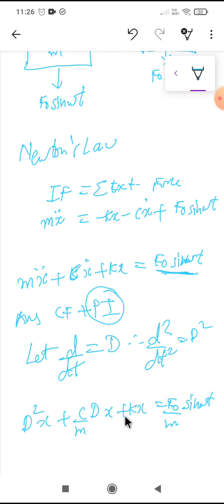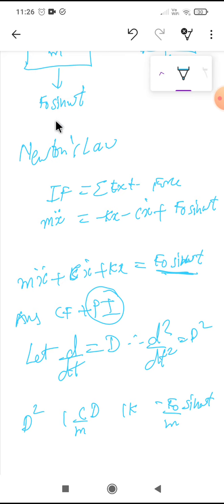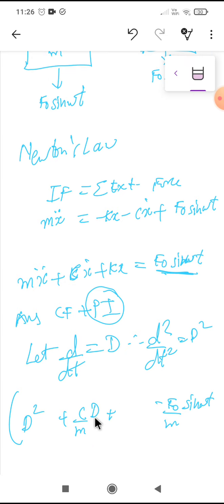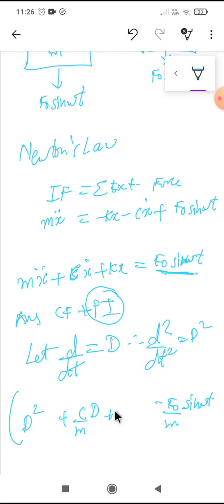Now x is common, so I take x common. I am left with D square plus c by m D plus k by m, into x, equal to f0 by m sine omega t.